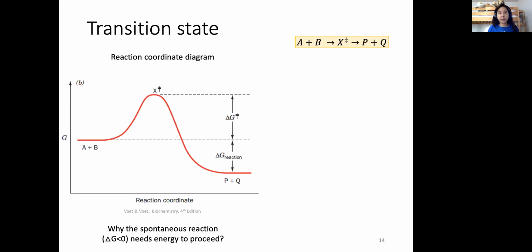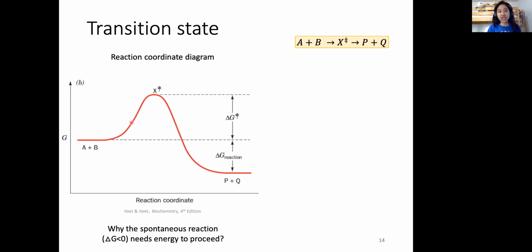It happens because when you need something to happen, you need to break the bonds of the reactants first. Molecules contain atoms, and atoms form bonds together in the A and B reactants inside their molecules. Those bonds need to be bent, distorted, deformed, changed.